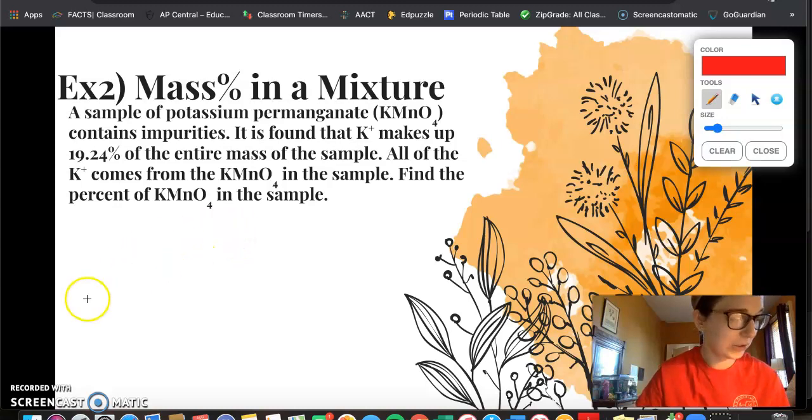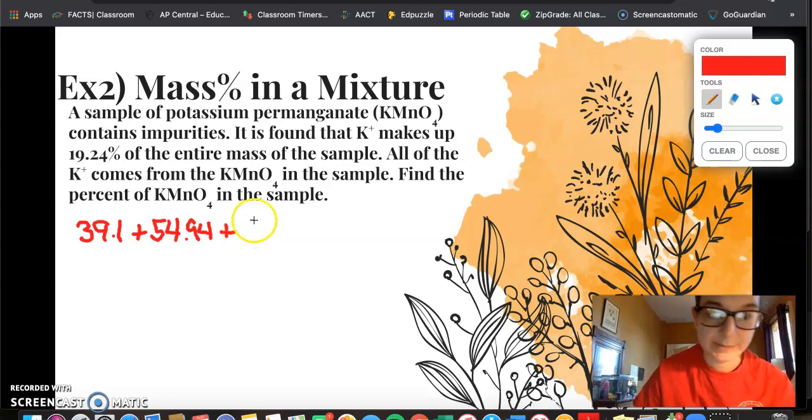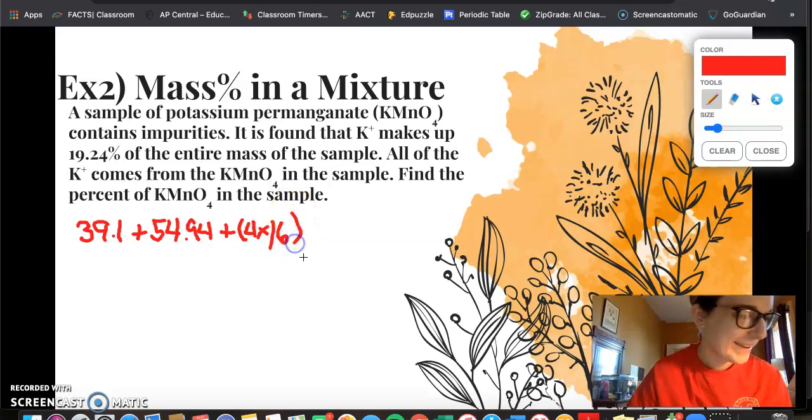So what that would look like is the molar mass of potassium permanganate, which is 39.1 grams plus 54.94 grams plus 4 times 16 because we have 4 oxygen. My writing is not very good when I'm using my mouse.